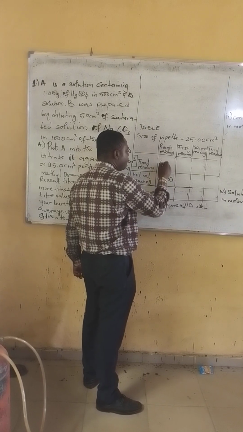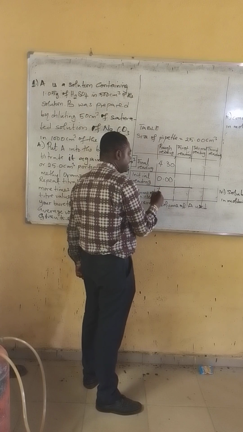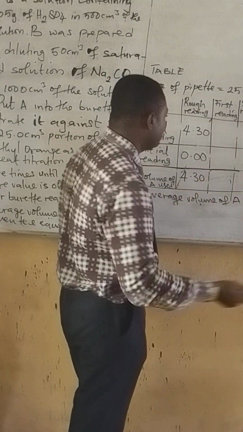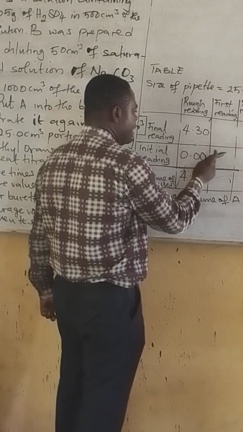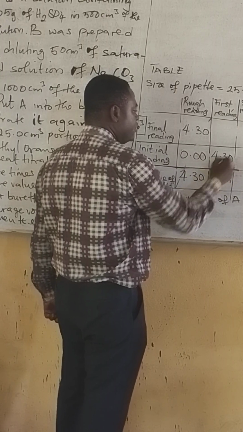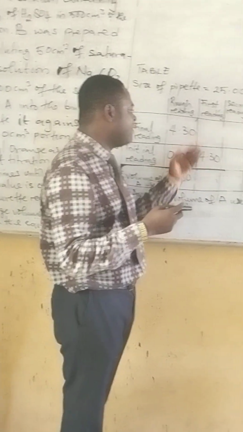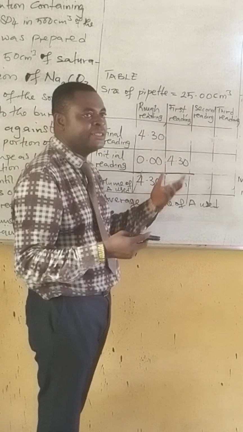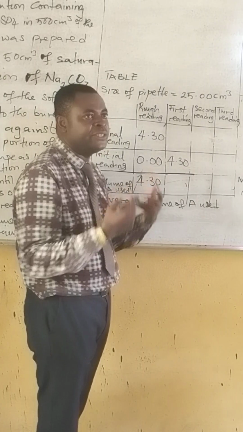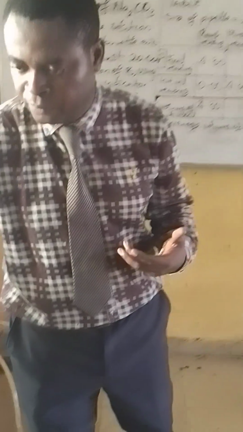Then I now got 4.30. So if I take away this 0 from here, I still have 4.30. So I don't need to fill it again, I can continue from there. So my initial reading for the first titre will now be 4.30. So that means if 4.30 is required for titration, I should get another color change at 8.6. Take note of that.